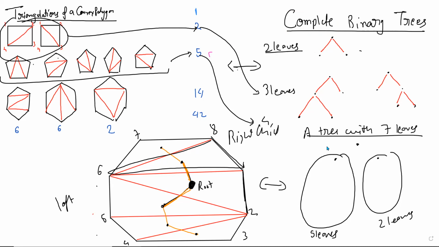Yet you do get a tree, right? But it's not a complete binary tree. Complete binary tree means every vertex should have exactly two or no children.